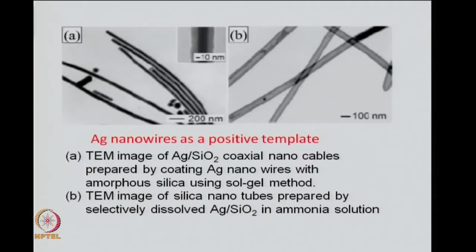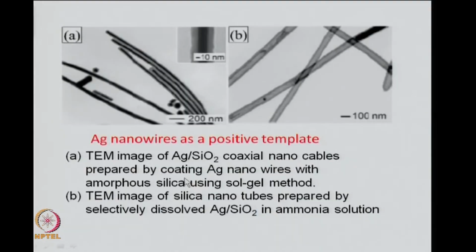Coaxial cable, like the electrical cables that you see around you and in your house, has one wire going inside and covered by a polymeric or plastic layer outside. Similarly, here you have a silver wire inside covered with a silica layer, and so this is called a coaxial nano cable.